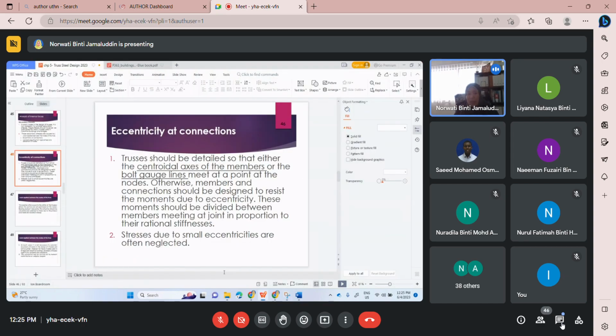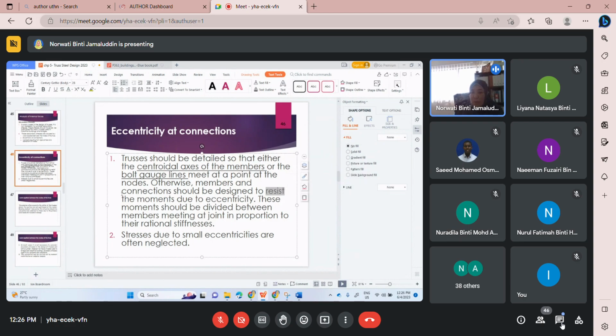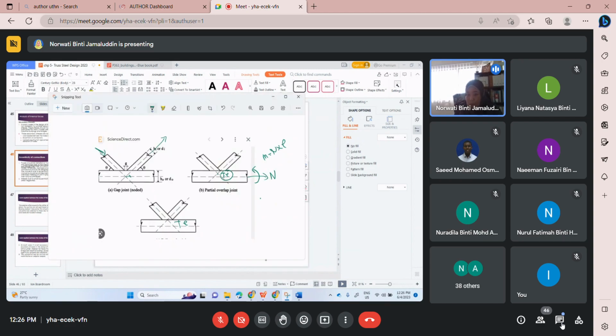That's how you can get eccentricity in this case. Okay, so trusses should be detailed so that either the centroidal axis of the member or the bolt gauge line meet at a point at the node. Otherwise, member and connection should be designed to resist moment due to eccentricity. Here we have moment in this case, and this moment should be divided among these three members at this point of connection.